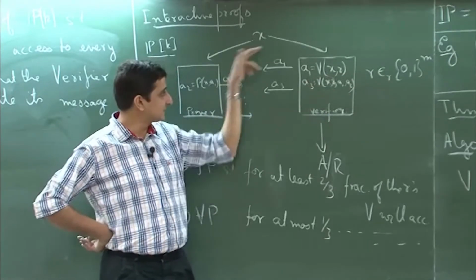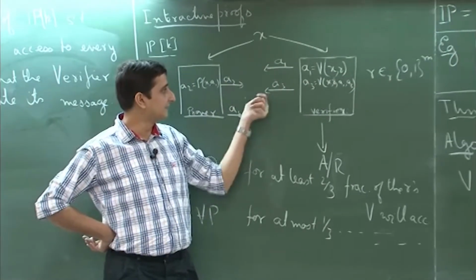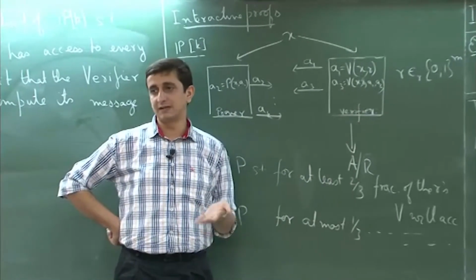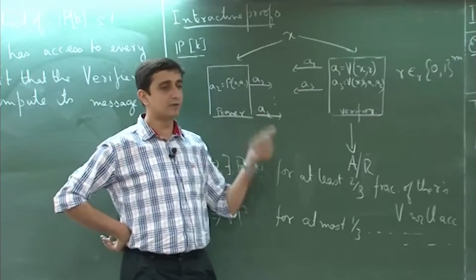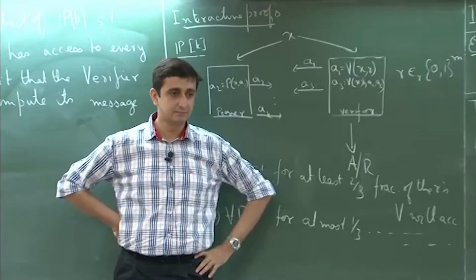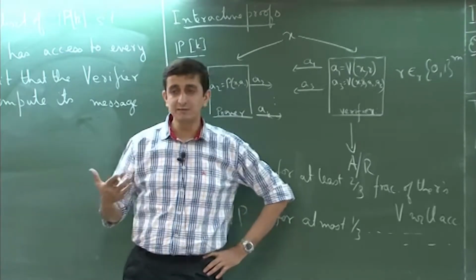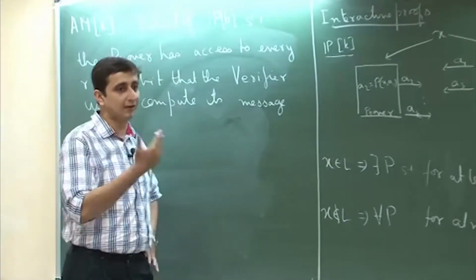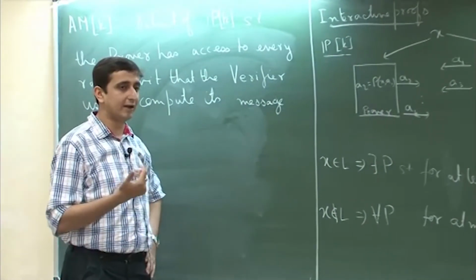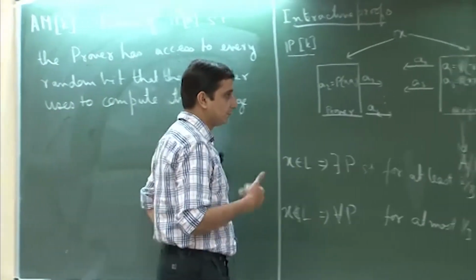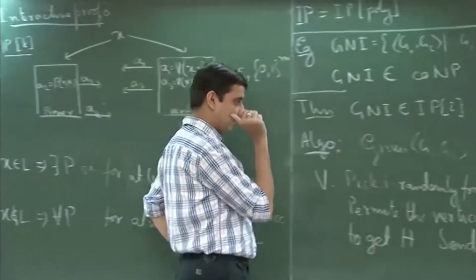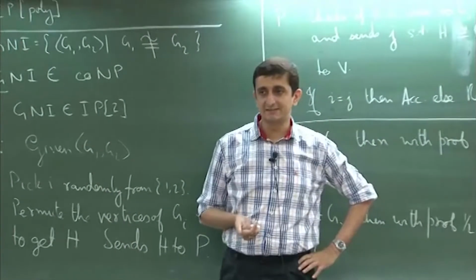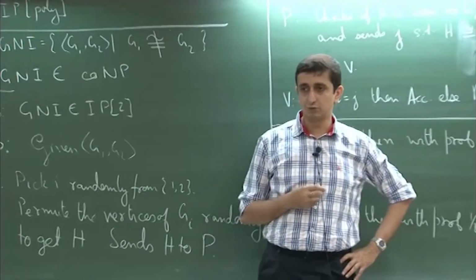So, again in the next round, when it is computing A3, let us say it uses some other set of random bits, again the prover will know what those random bits are. Okay. So, in other words, there is no screen between the prover and the verifier in this case. So, whatever coin tosses the verifier makes, the prover can see the answer to those coins.